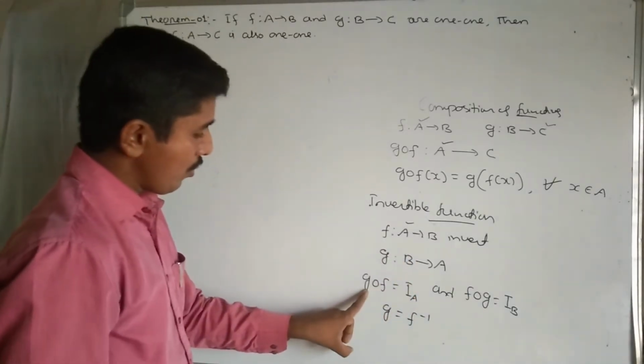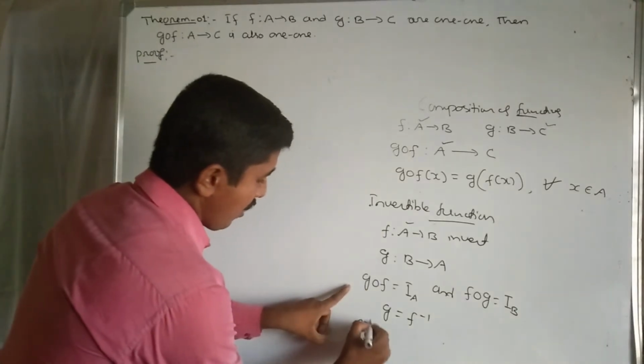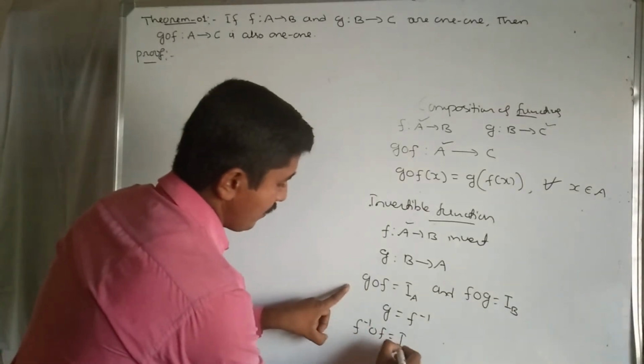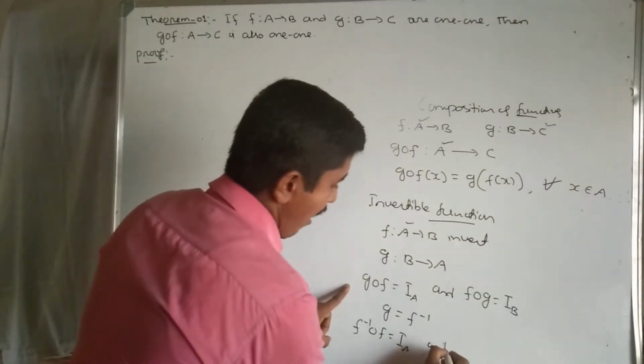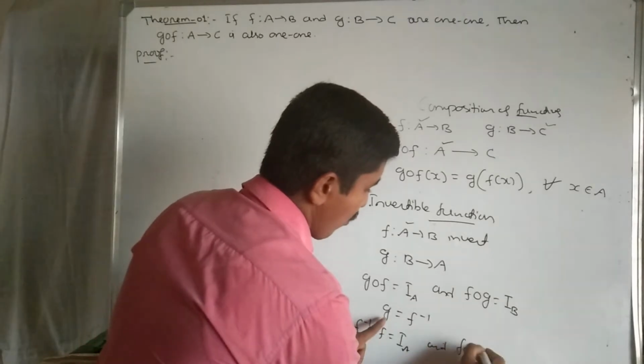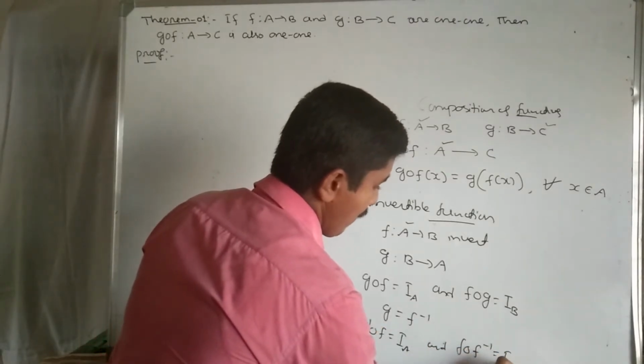Substitute g equal to f inverse: f inverse of f equals I_A, and f of f inverse equals I_B.